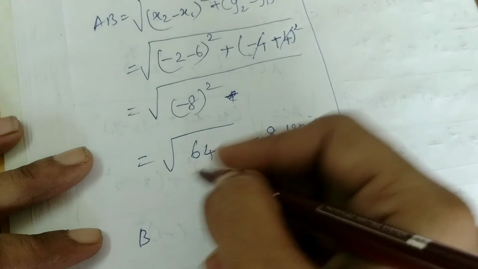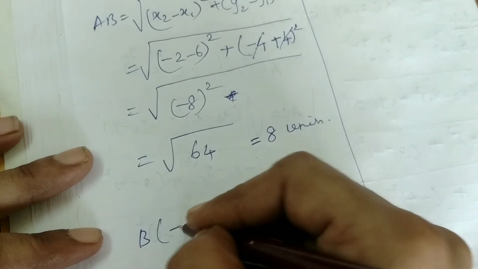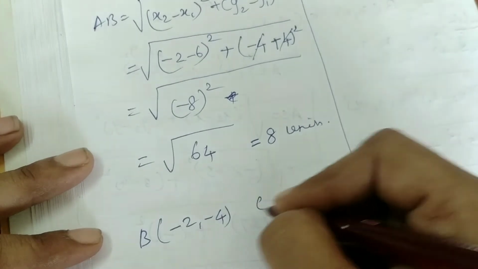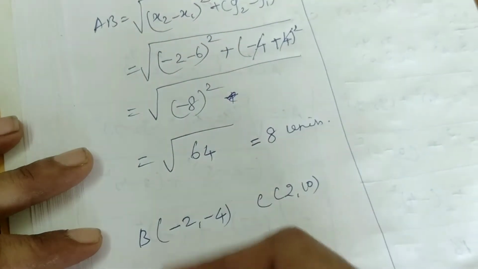Now we are going to find the distance between B and C. B is minus 2 comma minus 4, C is 2 comma 10.